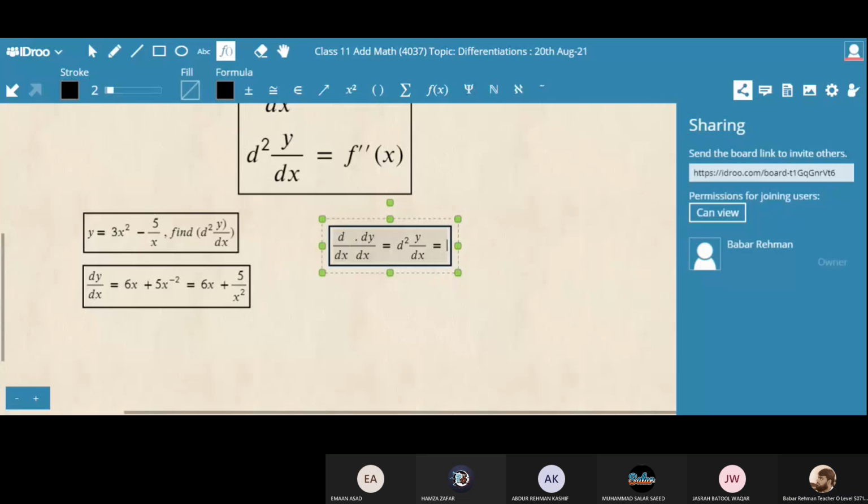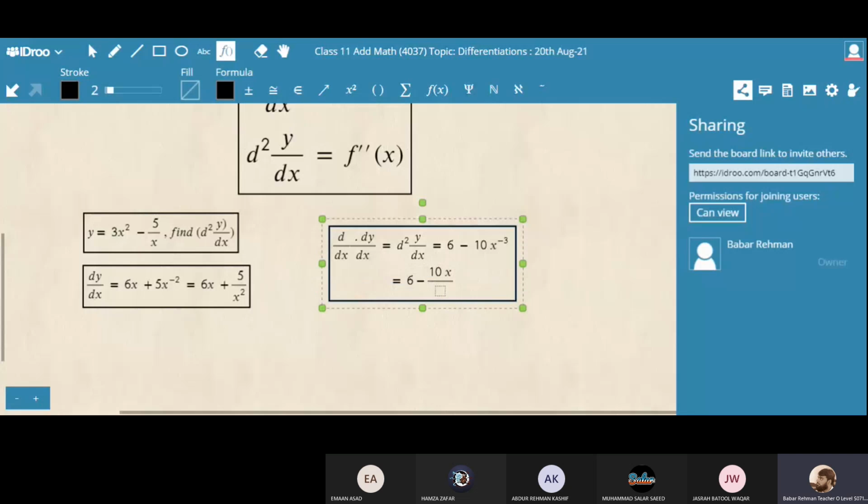Can I write 6 first, then negative, because the power will be negative, reciprocal, negative 5 times 2 is 10, 10x power negative 3, or we can write the answer directly: 6 minus 10 upon x power 3.